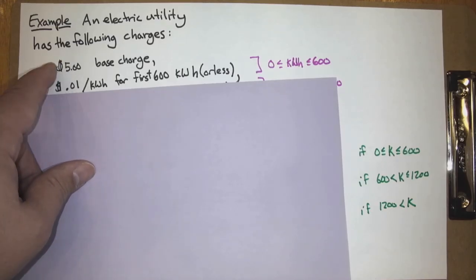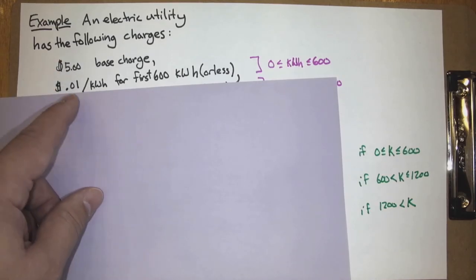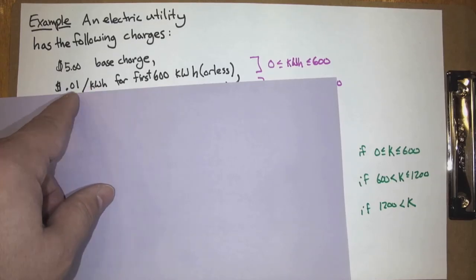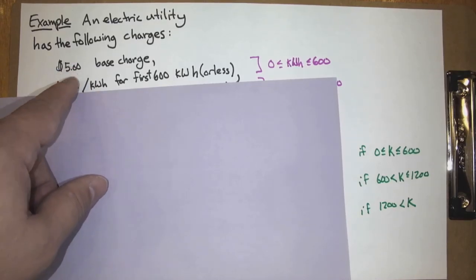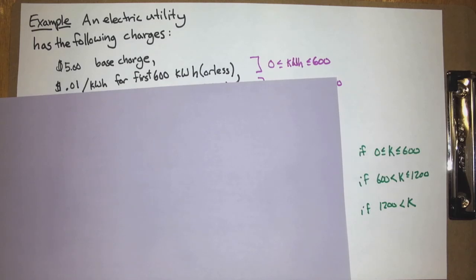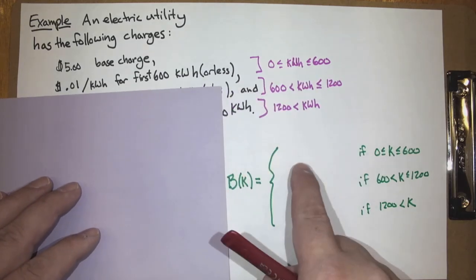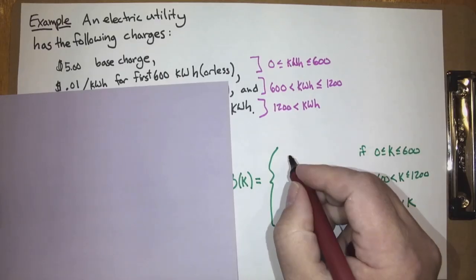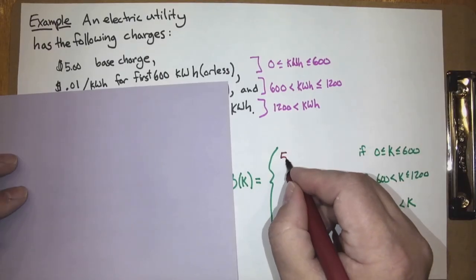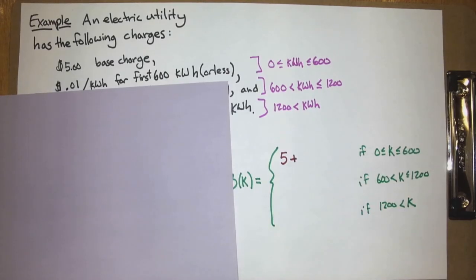We have the base charge, and we have the number of kilowatt hours that we use that will increase our bill. So our base charge is always there. So how do we put that into our formula? Yeah, there's going to be a plus 5. So I'm going to go ahead and put that at the beginning, 5 plus. And then, so the 5 is always fixed. It doesn't matter how many kilowatt hours you use, there's the 5.